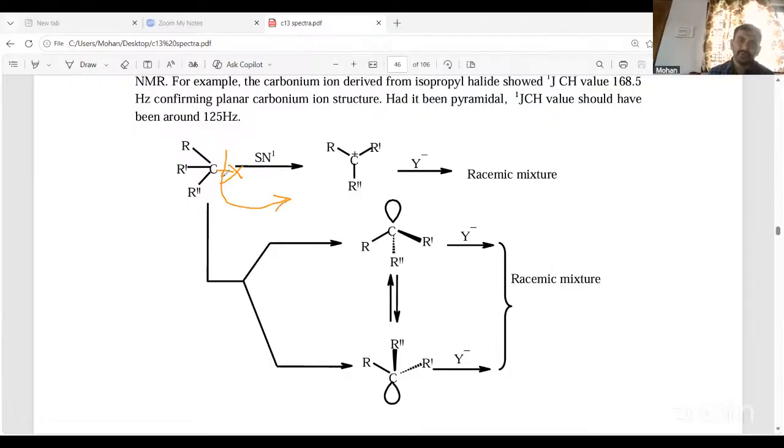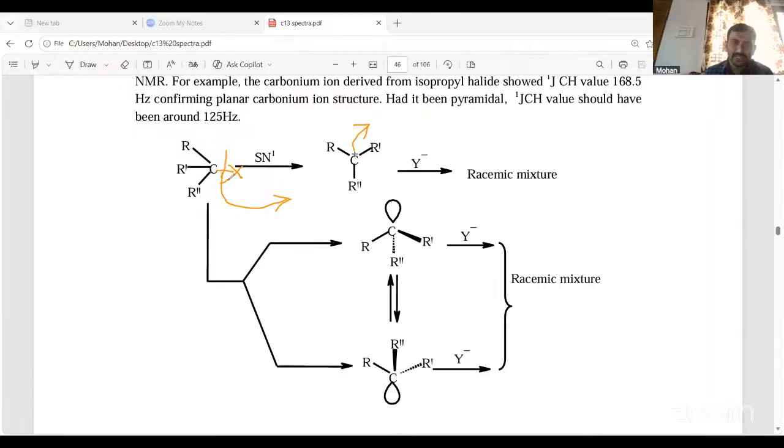By cleavage of the C-X bond, we get a carbocation, and this carbocation will exist in two forms.